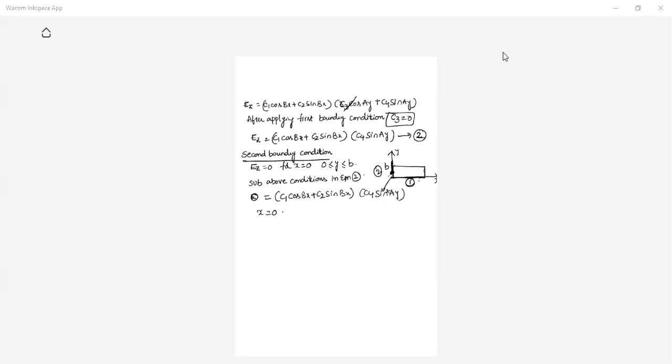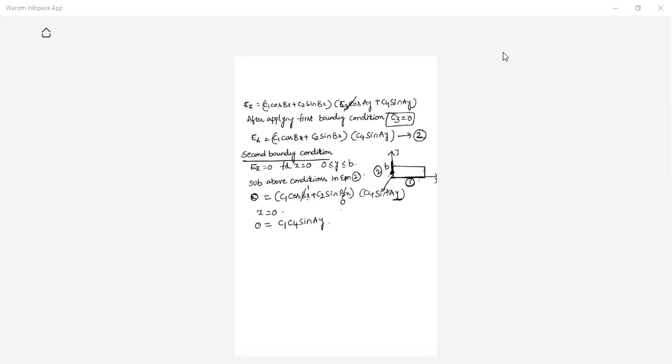When I make x equal to 0, cos 0 becomes 1, and sin 0 becomes 0, so this term can be neglected. And y is varying from 0 to b, so this I cannot change. So what does the expression become now? 0 is equal to C1, the C2 term completely becomes 0. We are going to get C1 C4 sin ay.